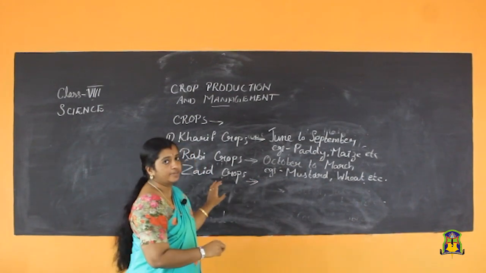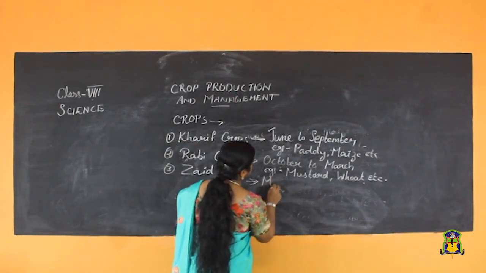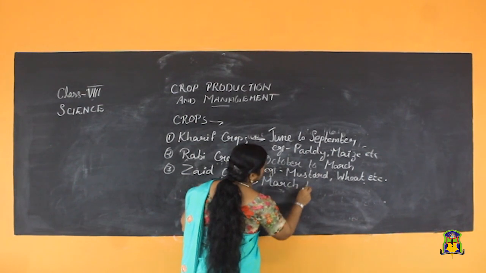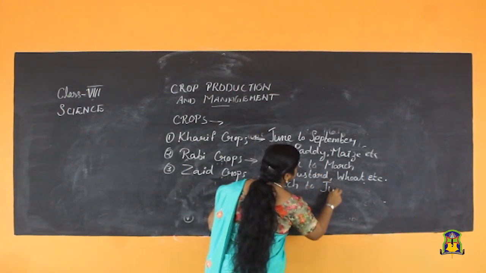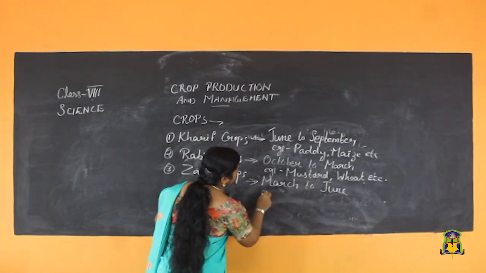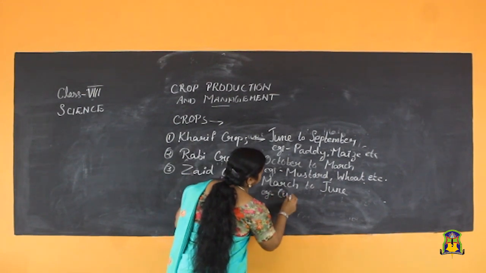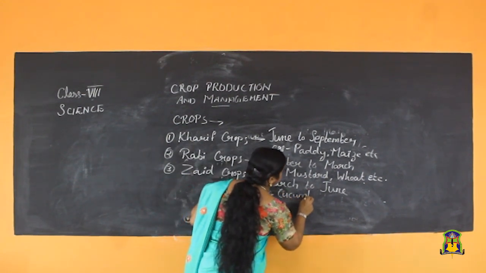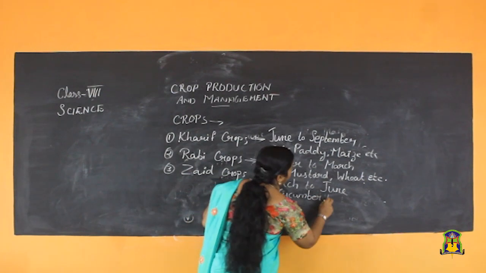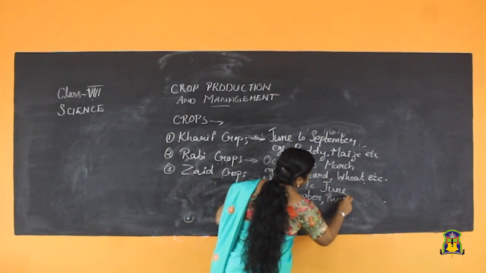It is generally cultivated from March to June, that is during the summer season. Examples are cucumber, pumpkin, etc.